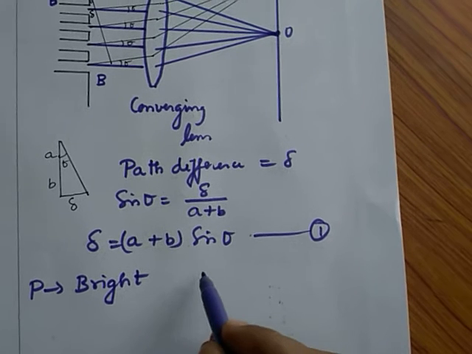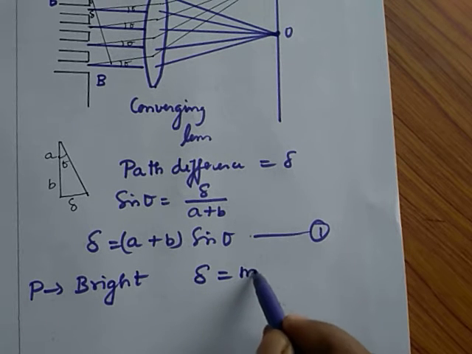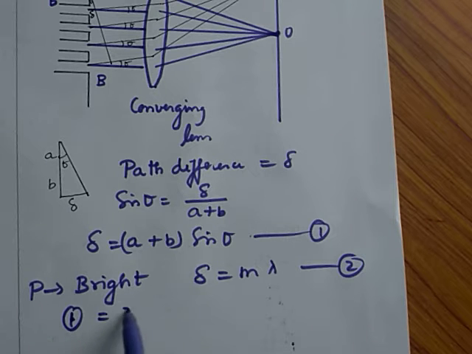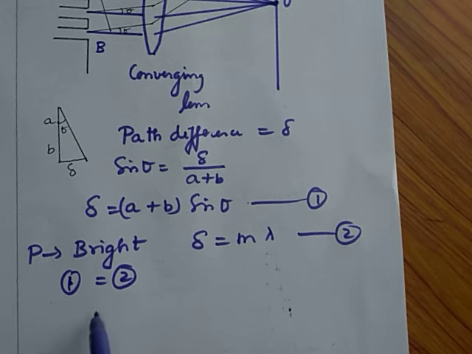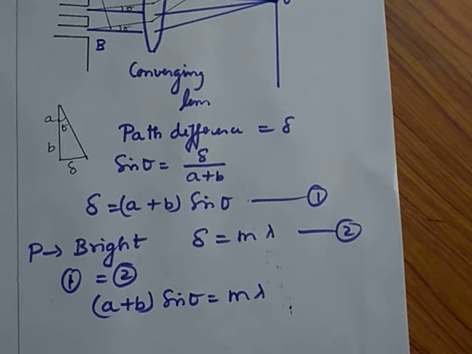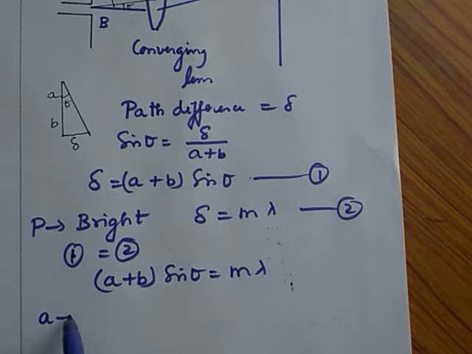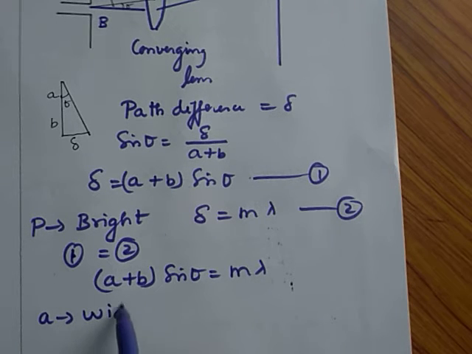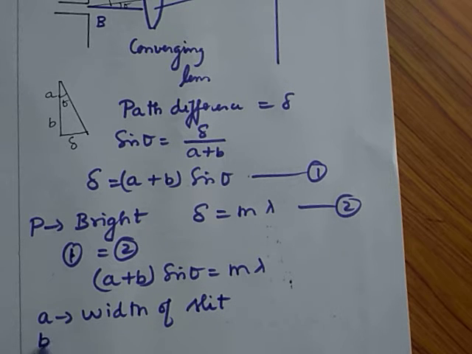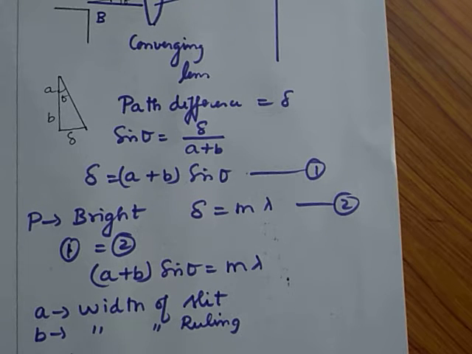If the point P is bright, then we know the path difference delta is equal to m lambda. This is equation 2. Equating 1 and 2, we get A plus B sin theta is equal to m lambda. Here A is the width of the slit, and B is the width of the ruling, and theta is the angle of diffraction.